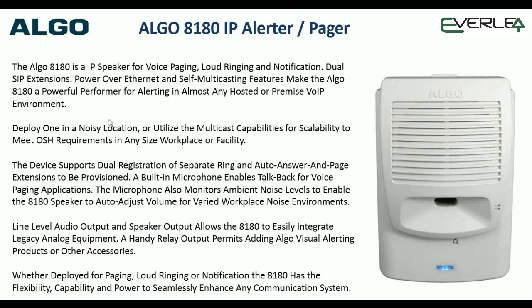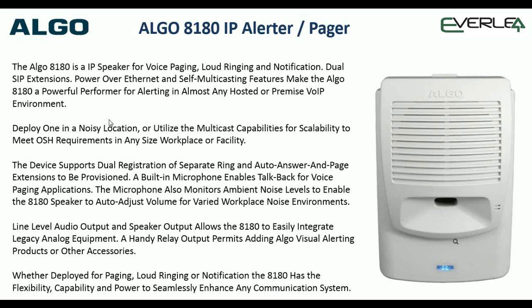Now, the advantage of this is that you can use the 8180 in the most basic format, in what we've just talked about, but we can also start using it in more complex solutions for a customer. For example, we can have up to 7 paging groups on the 8180 called multicast, or paging groups as we used to know them. We can either dial them individually through different master units and have additional slave units.